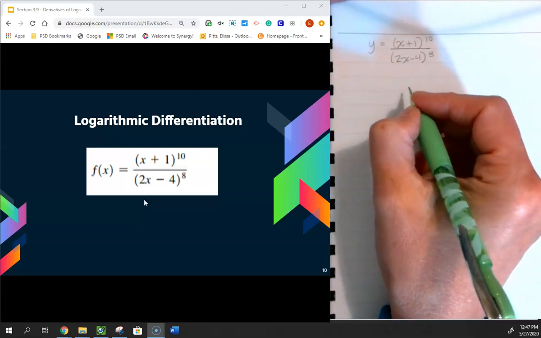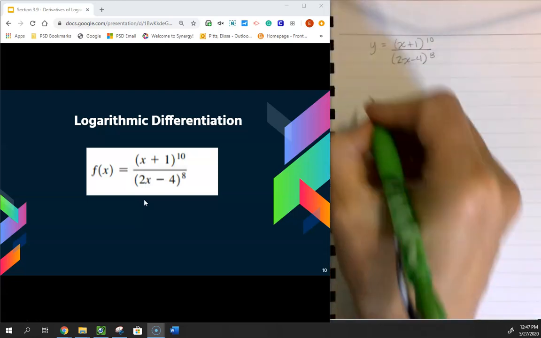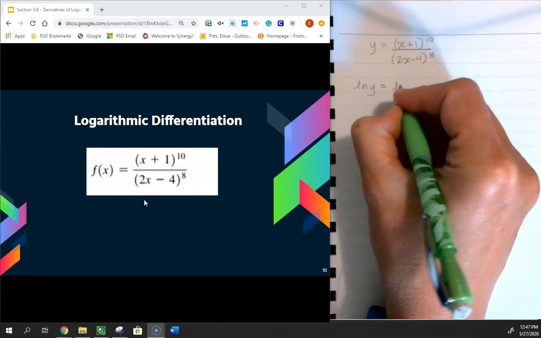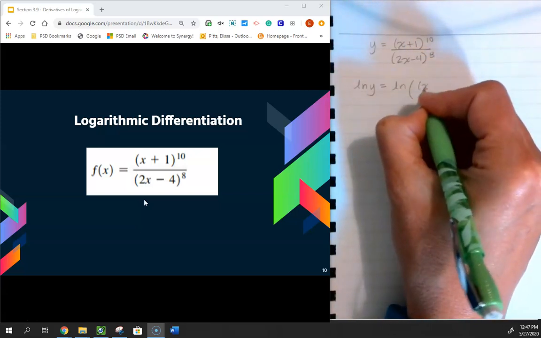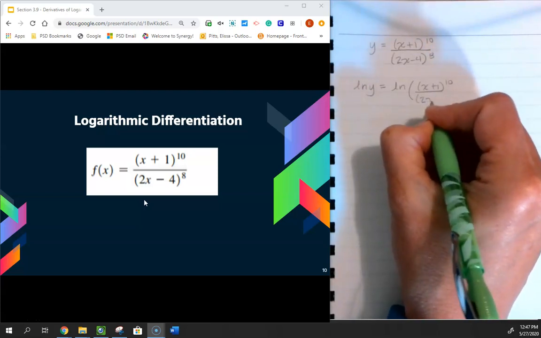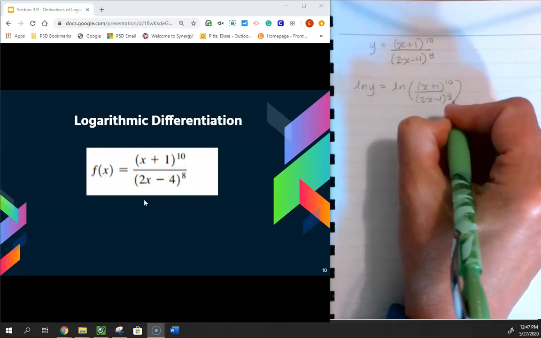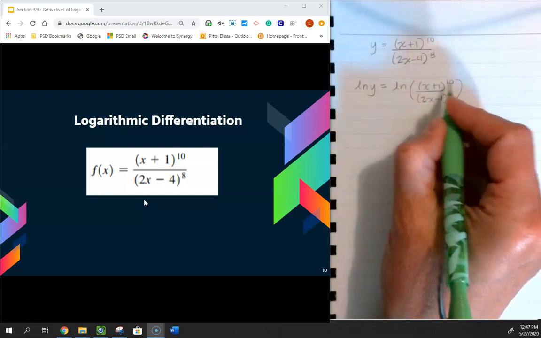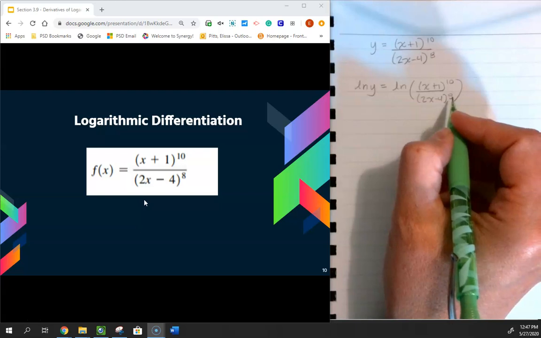So first thing we're going to do is take the natural log of both sides, and you'll see why we do that in just a second. We're going to use our log rules to rewrite this in a little bit simpler form.